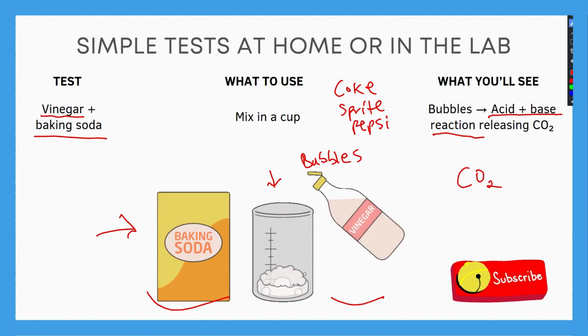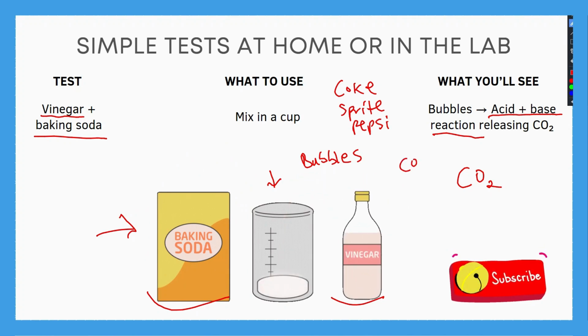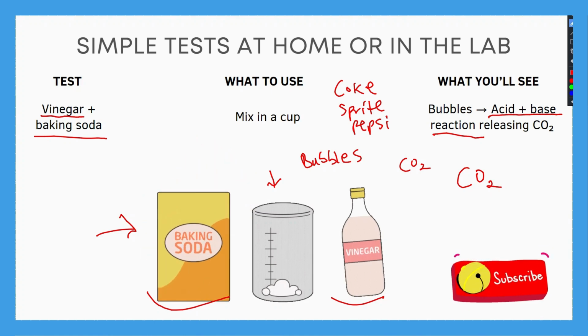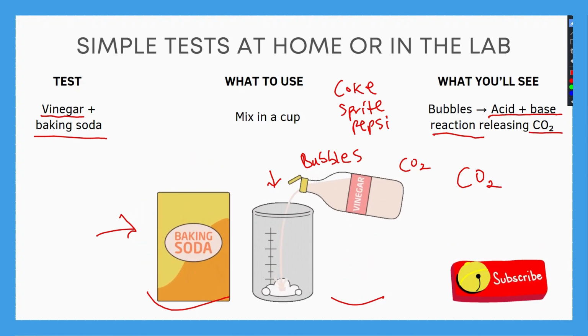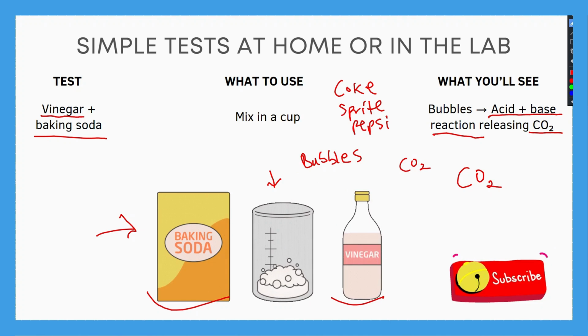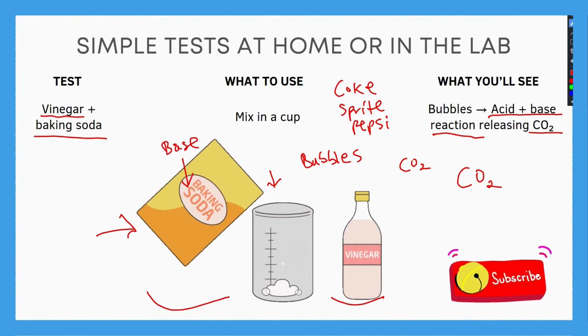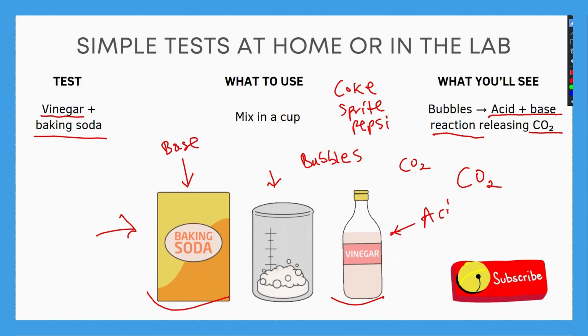Generally, all soda drinks contain CO2. That is why when you open the bottle, it makes this sound. So that's what's going on over here. When you mix baking soda and vinegar, they react together to produce carbon dioxide gas. And just for your information, this over here, baking soda, is the base and vinegar is the acid.